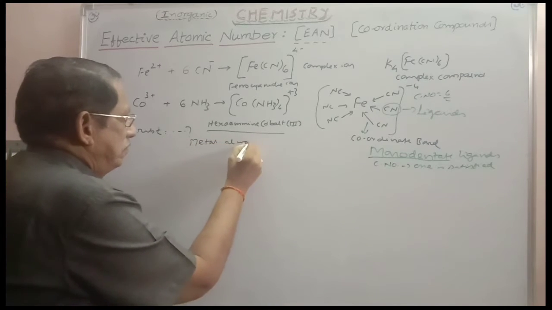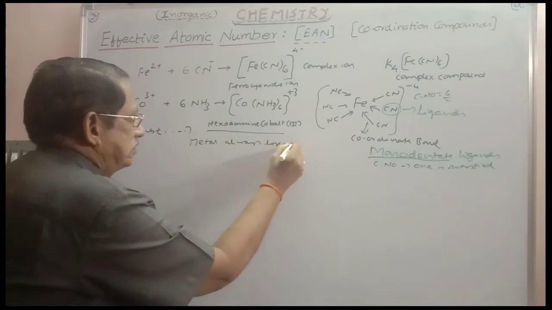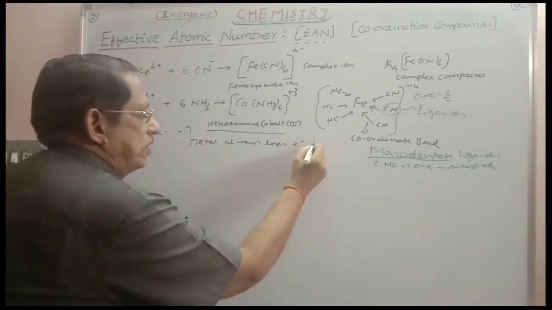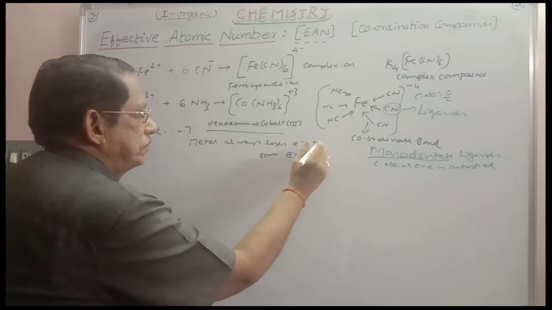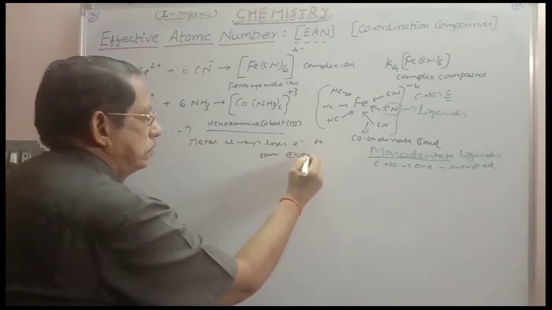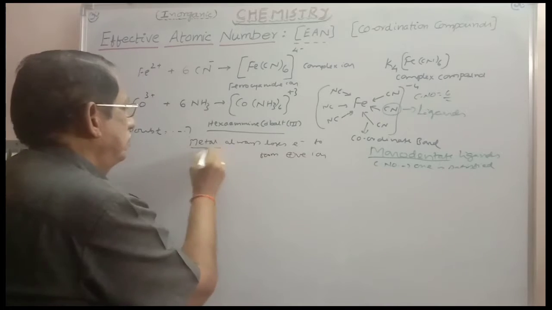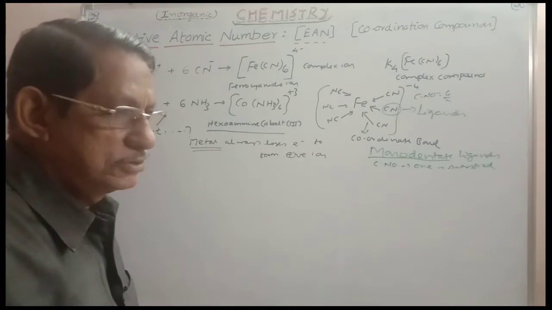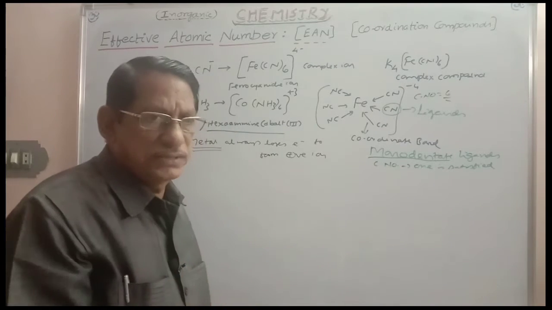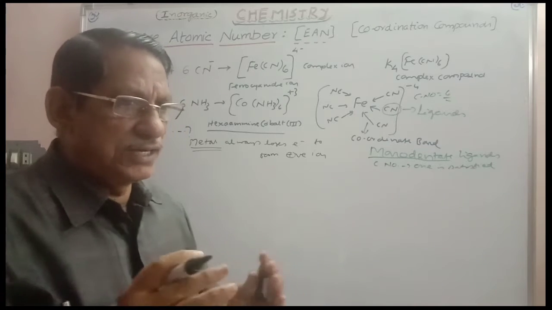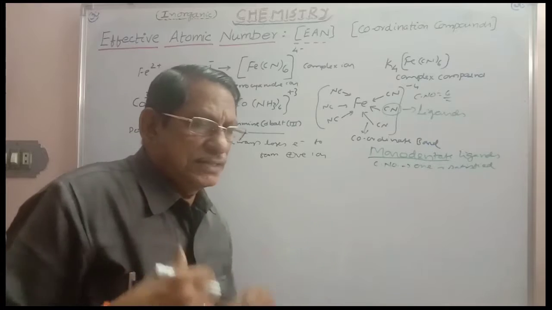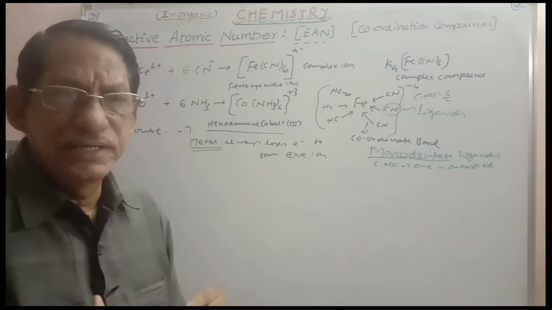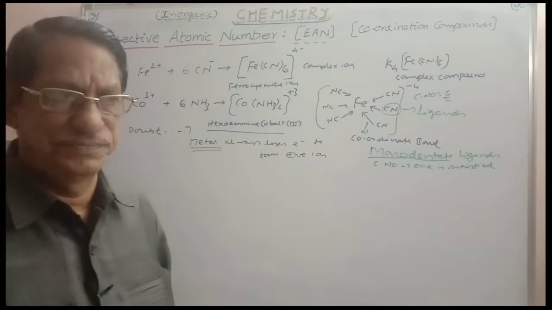Metal always loses electrons to form a positive ion. This is the nature of metal. So metals are able to lose the electrons, giving the positive ions, and form salts with the anions. It never accepts the electrons. Never is negative charge accumulated in the metal ion.